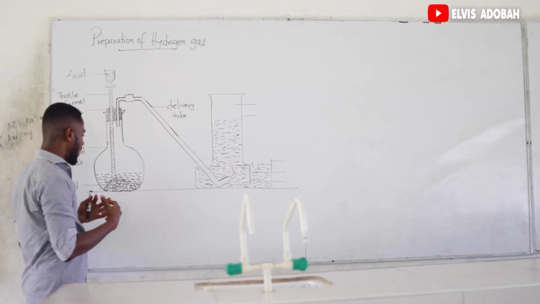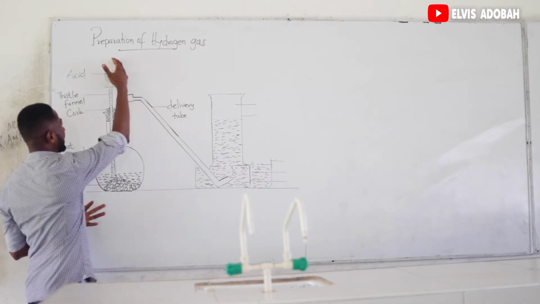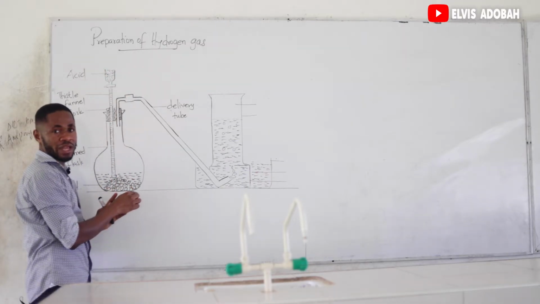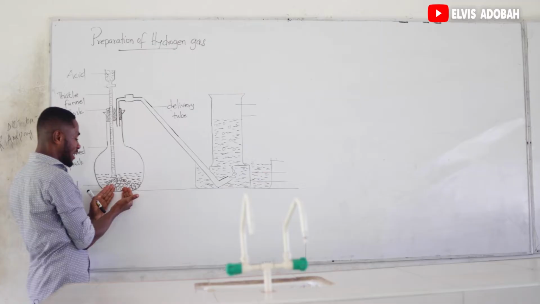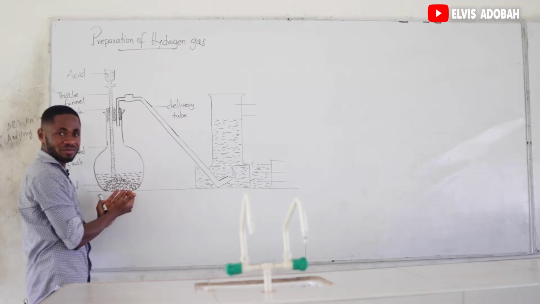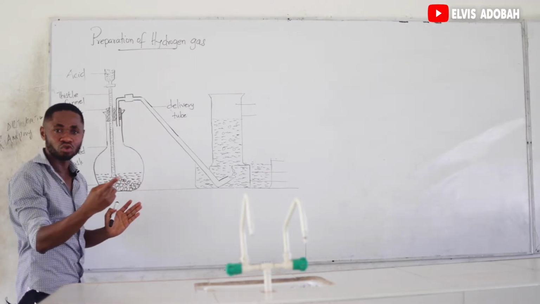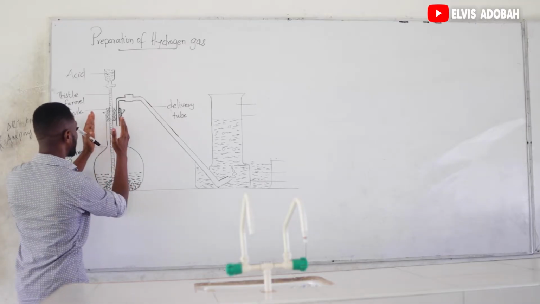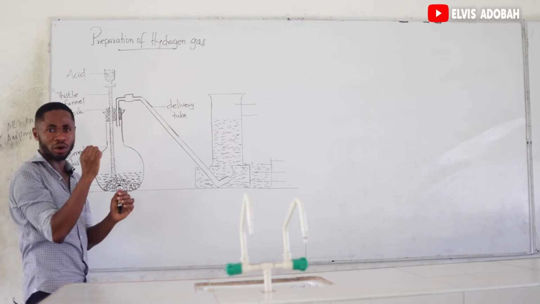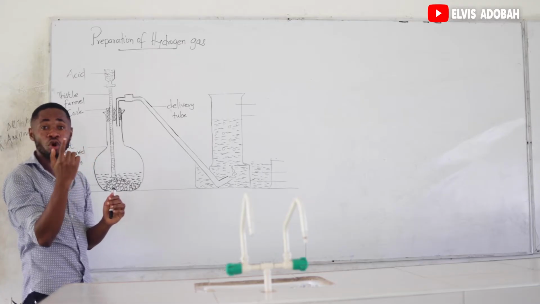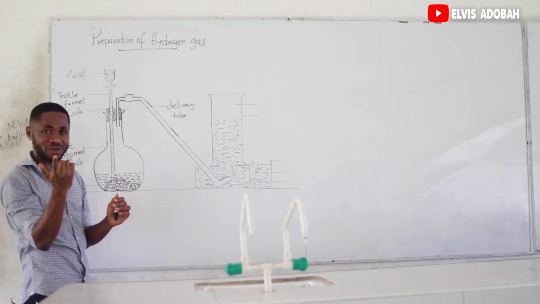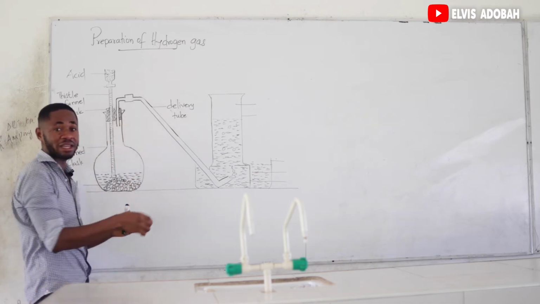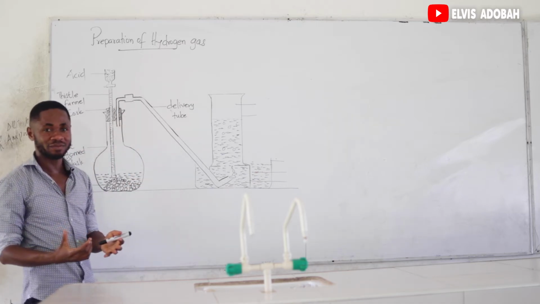So that if we pour the acid through the thistle funnel into the flat bottom flask and the acid comes into contact with the metal, hydrogen gas will be produced. The gas would want to escape, but the flask has been corked, so there is no room for it to escape, except through the delivery tube, so that the gas can be collected.